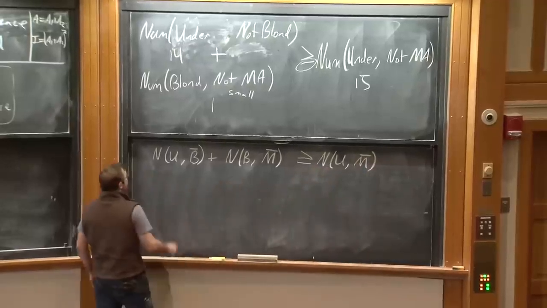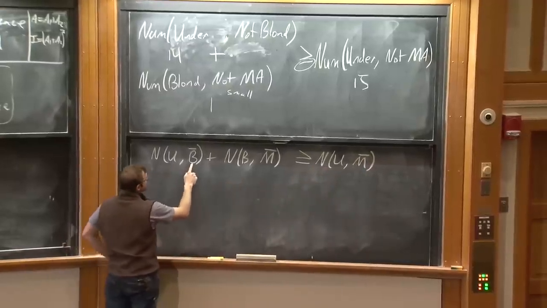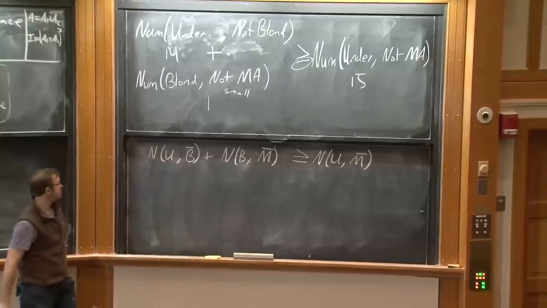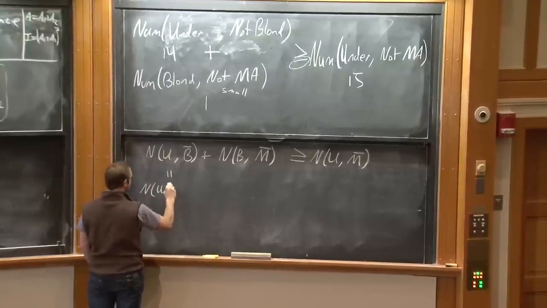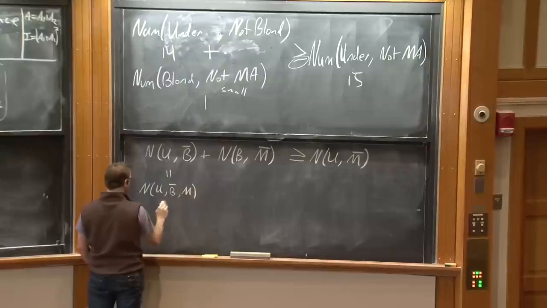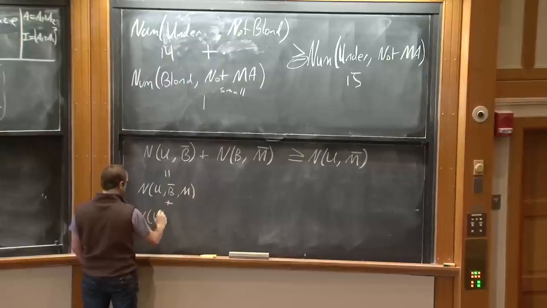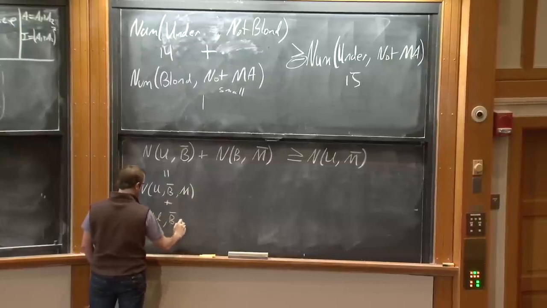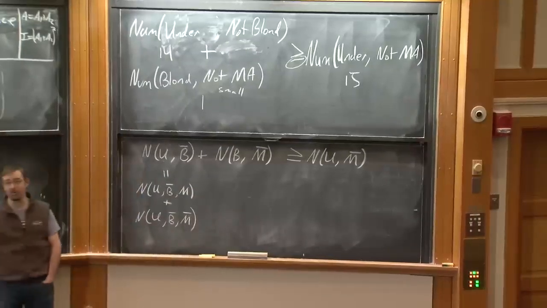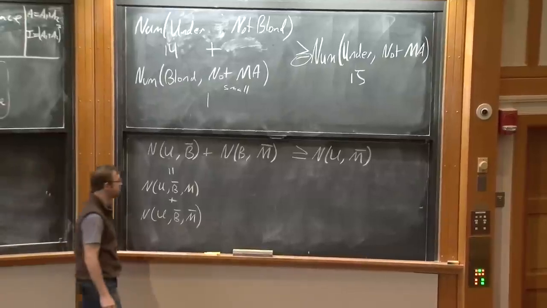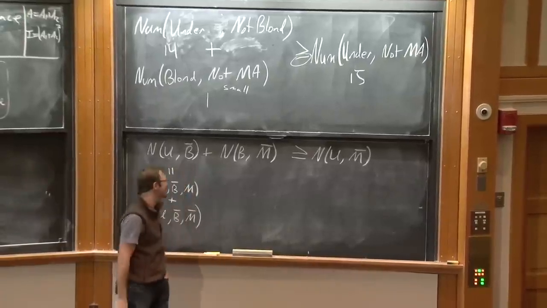Well, if you're an undergraduate and not blonde, you may or you may not be from Massachusetts. So this is equal to the number of undergraduates who are not blonde and are from Massachusetts, plus the number of undergraduates who are not blonde and are not from Massachusetts. It could hardly be otherwise. You either are or you are not from Massachusetts. Not the sort of thing I normally see in physics.